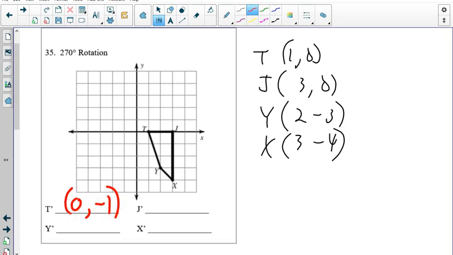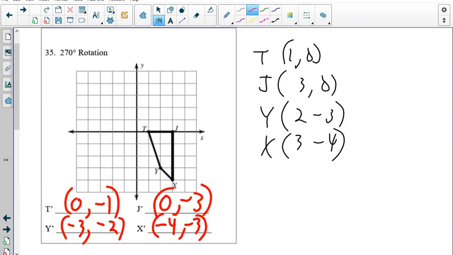J, 0, -3. Y, the -3 just comes in the front, but the 2 becomes negative. And again, -4 comes in the front, and the 3 becomes negative.